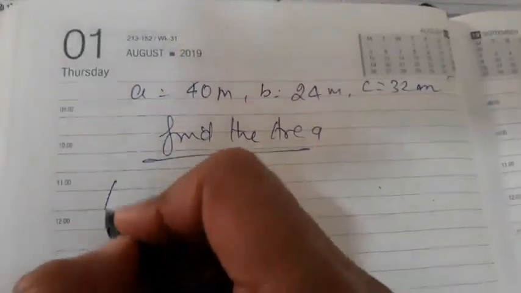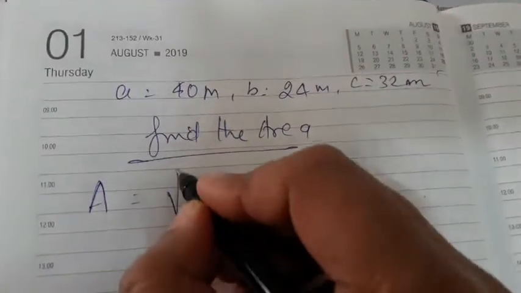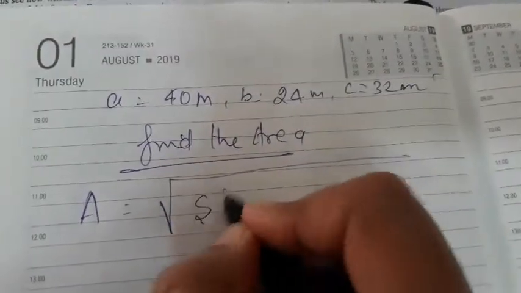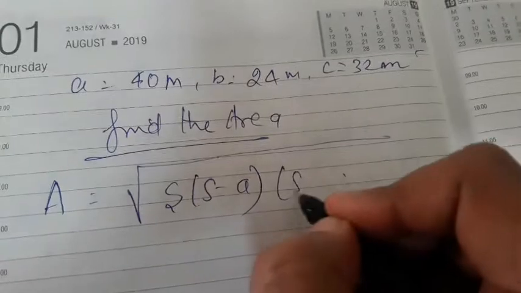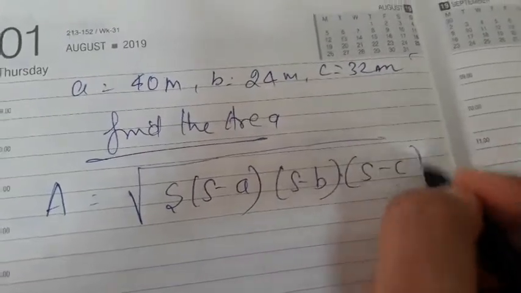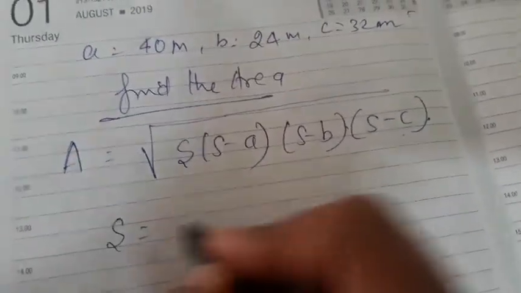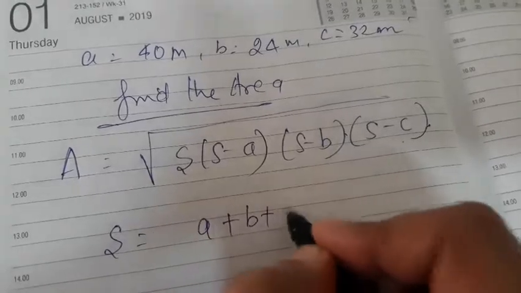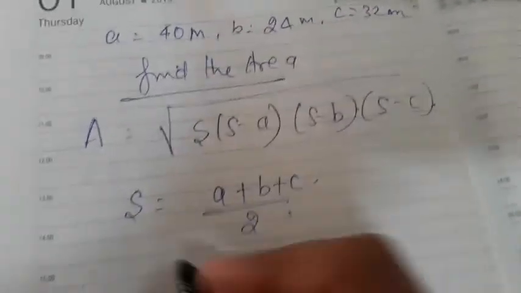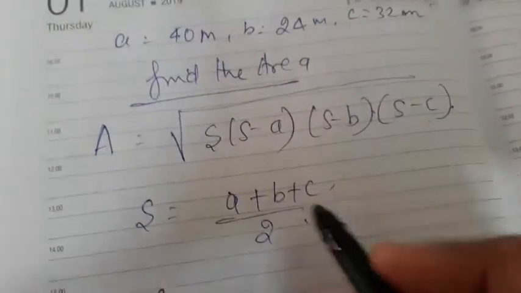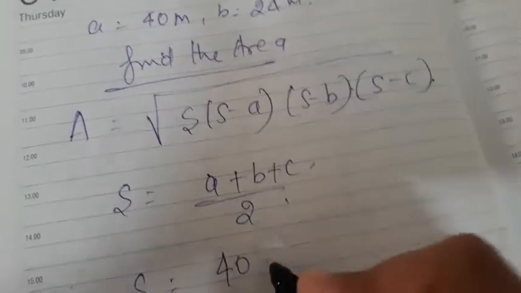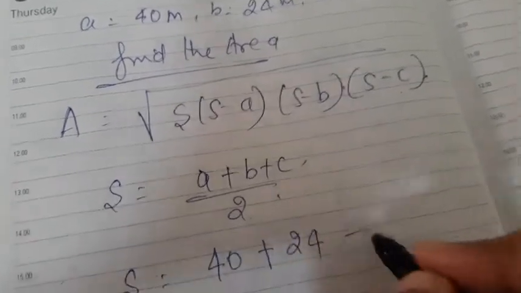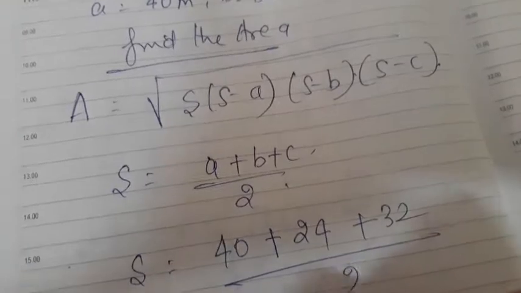As I told you, the area is given by the formula root of S into S minus A, S minus B, S minus C. Now we will find S, which is equal to A plus B plus C divided by 2. Sorry, S is 40 plus 24 plus 32 divided by 2.